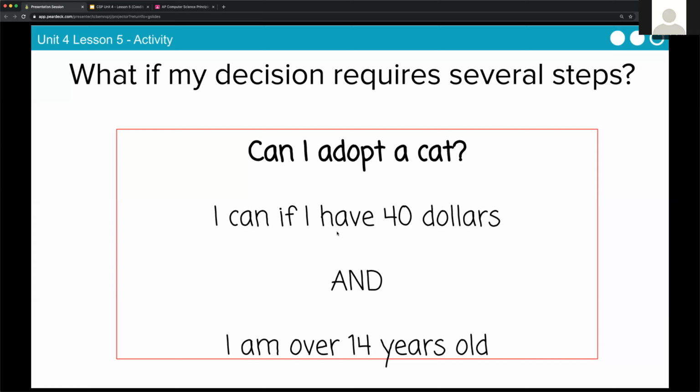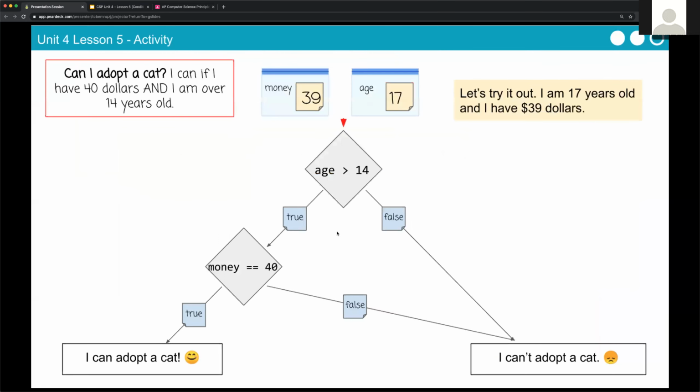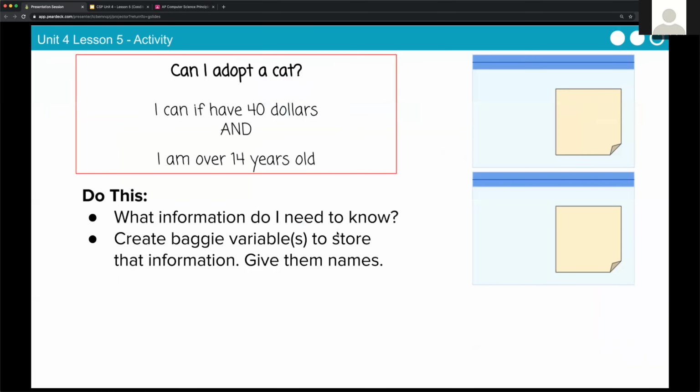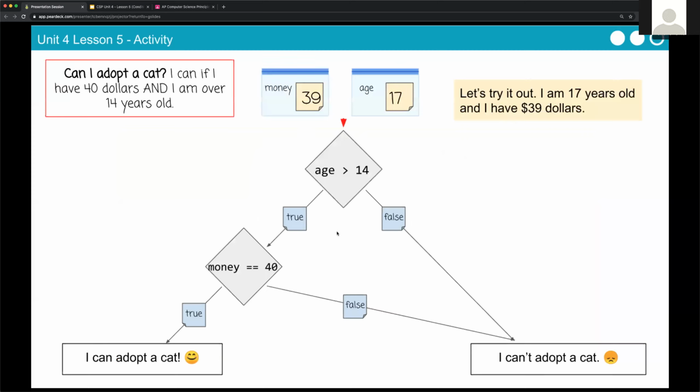First we're going to take a look at a way that we can do this in 2 steps. I know I'm skipping this, but for the sake of time, let's just say that we're going to use the variable name money for the amount of money that I have, and the variable name age for my age.